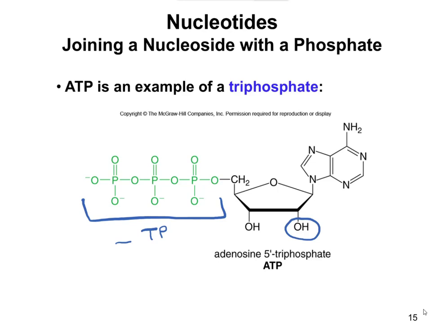So whenever you see the OH, that means it's going to be a regular something TP. And then based on the fact that there are two rings here, you should be able to tell me it's either going to be ATP or the other option, GTP, because those are the two that are purines.